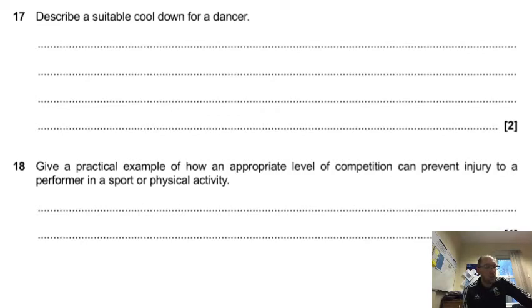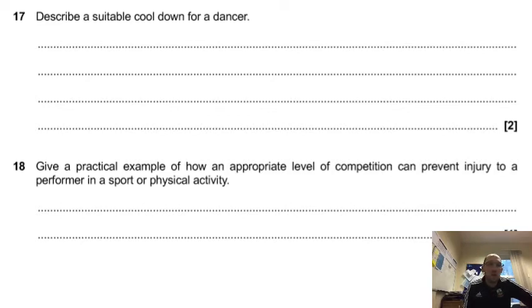Candidates are advised to check the number of marks available to each question to understand how many points should be made. So, the mark scheme: 1, jogging, whole body exercises, low intensity movements, slow dance, and 2, stretching.